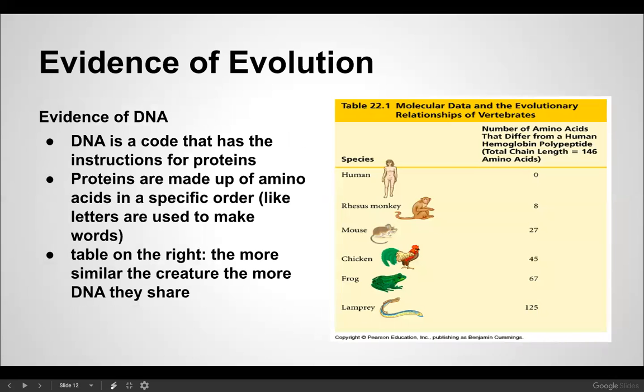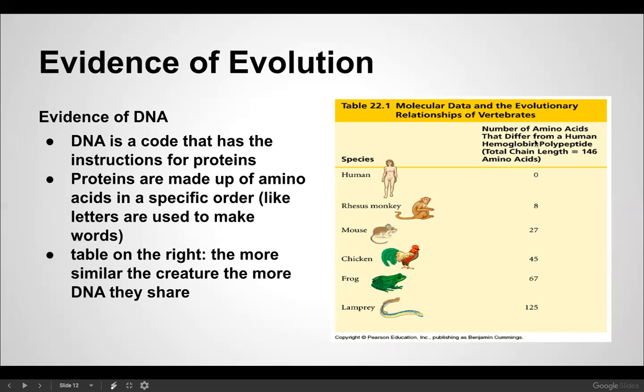Some other evidence is DNA. If we look at the DNA code that has the instructions for proteins, proteins are made up of amino acids in a specific order, like letters are used to make a word. In the table on the right, the more similar the creature, the more DNA they share. So this is the molecular data and evolutionary relationships of vertebrates.